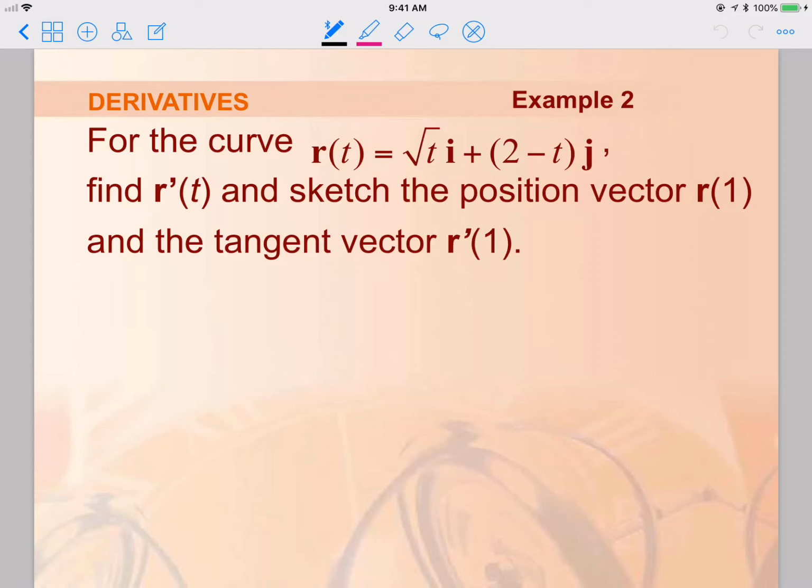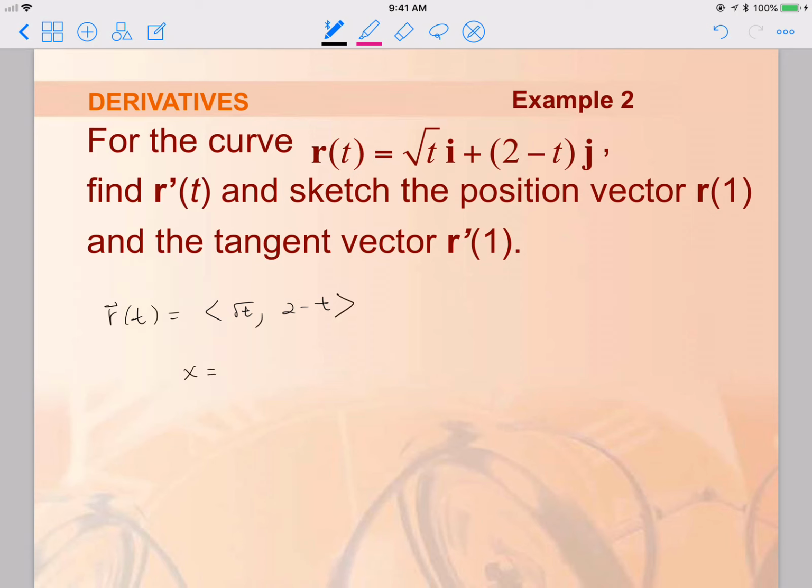Now, for this curve here, we've got r of t is equal to the square root of t i plus (2 minus t) j. We're supposed to find r prime of t and sketch the position vector, r of 1, and the tangent vector, r prime of 1. The first thing I want to point out is that r of t is of this format. Square root of t is our first component function, and 2 minus t is the second component function.